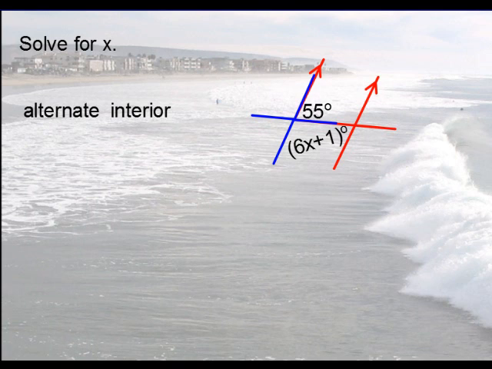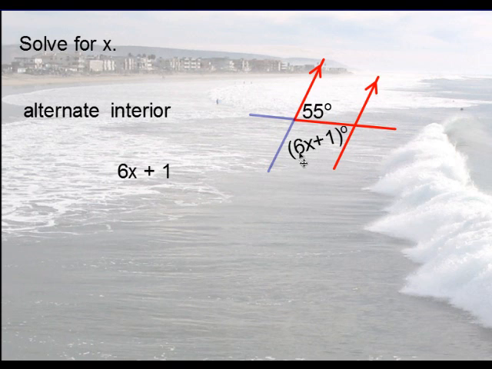So these 2 particular angles are congruent to one another. For example, you can see that this angle measure here is the same as this one here, and these 2 are in fact vertical angles. So definitely are congruent.